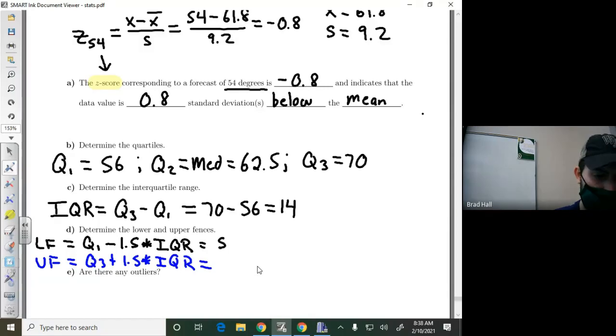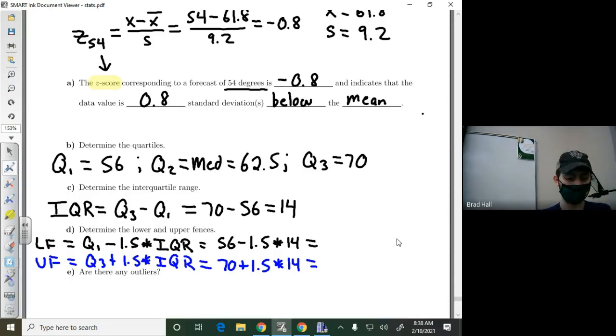So let's see, that's 56 minus 1.5 times 14, and 70 plus 1.5 times 14. Let's figure out these two values. 56 minus 1.5 times 14 is 33.5. 70 plus 1.5 times 14 is 91.